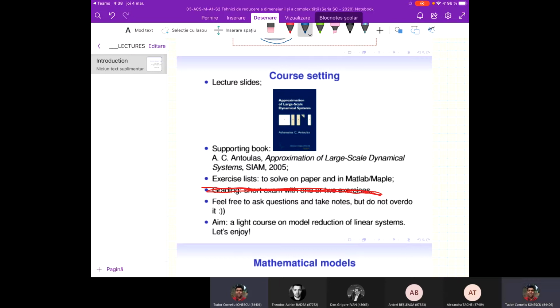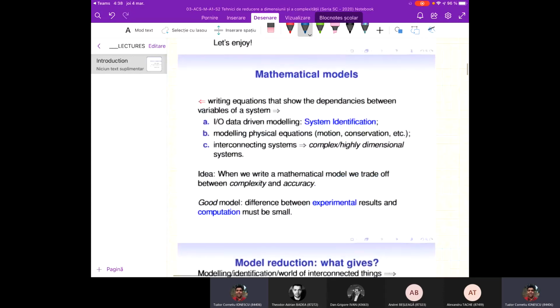It has been extended towards infinite dimensional systems such as PDEs, towards time delay systems, towards nonlinear systems as well. I have been working quite a lot in nonlinear model reduction, if you ask me. So I'm going to present this to you in this class.